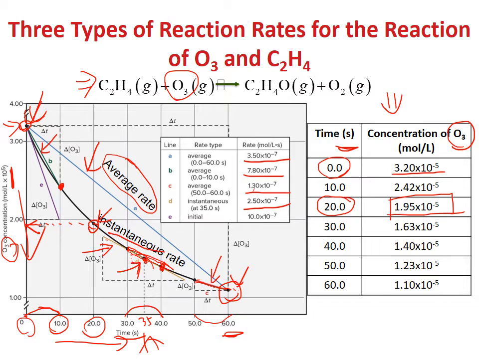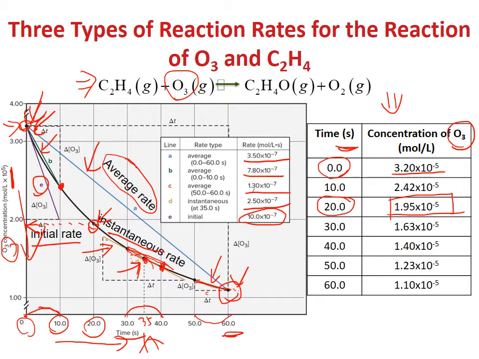Now the instantaneous rate at the first point, the beginning, is shown here, the tangent line, the purple line. Its slope is the instantaneous rate at the first point, and that's called initial rate. The initial rate for this case is 10 times 10 to the minus 7, which is higher than any other rates.